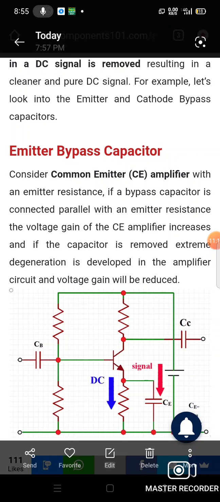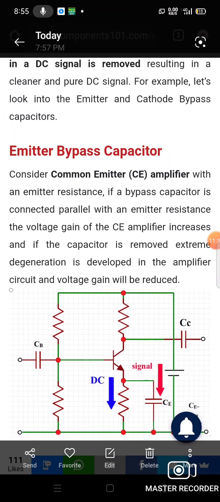If a bypass capacitor is connected in parallel with an emitter resistance, the voltage gain of the CE amplifier increases. If the capacitor is removed, extreme degeneration is developed in the amplifier circuit and the voltage gain is reduced.